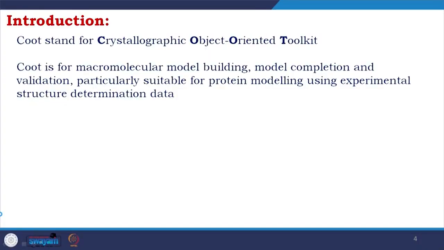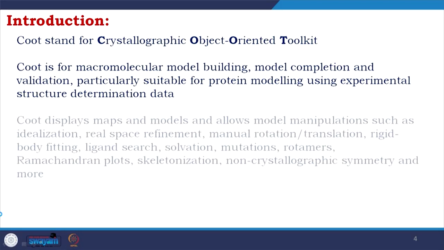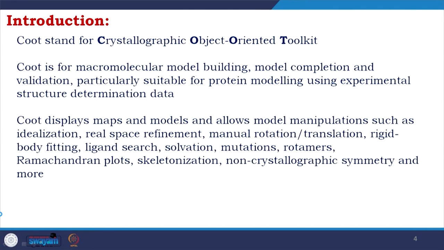Then we do the model building, and Coot takes a very important role in that. So, as I told, Coot is for macromolecular model building, model completion and validation, particularly suitable for protein modeling using experimental structure determination data. Coot displays maps.